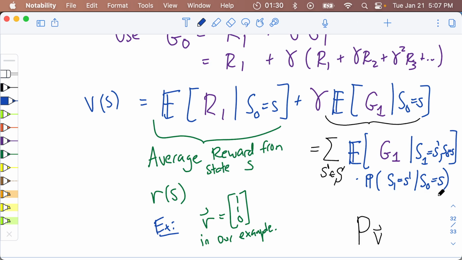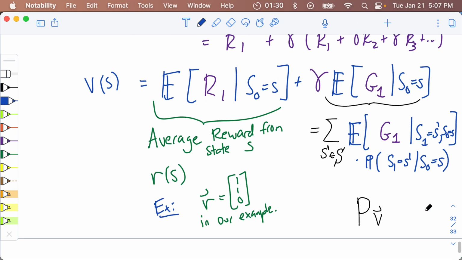Okay. And now we use the Markov property. So by the Markov property, if you know that S1 is S prime, and you know that S0 equals S, then you might as well forget about this. So you can forget this. Okay. And the reason you can forget it is if you know that the state at time 1 you're at state S prime, then it doesn't matter where you came from, right?